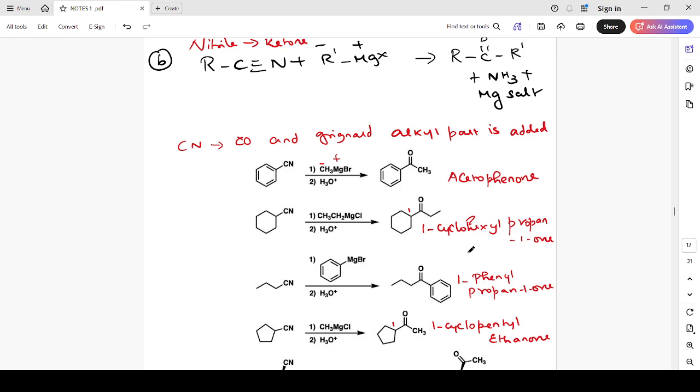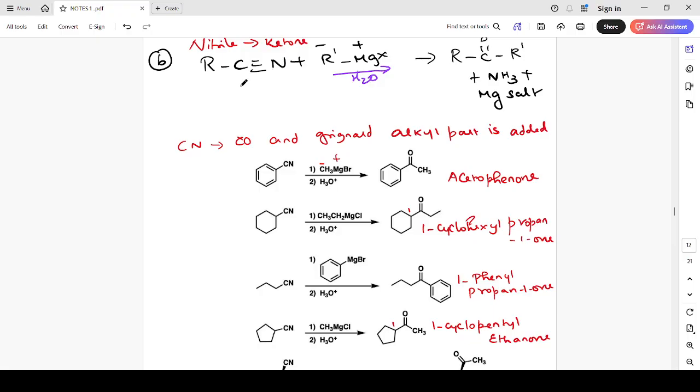We can use DIBAL-H. Very good. That's right. We used DIBAL-H to reduce nitrile into aldehyde. Now, if you want to convert this nitrile into ketone, then use Grignard, followed by water hydrolysis, obviously.